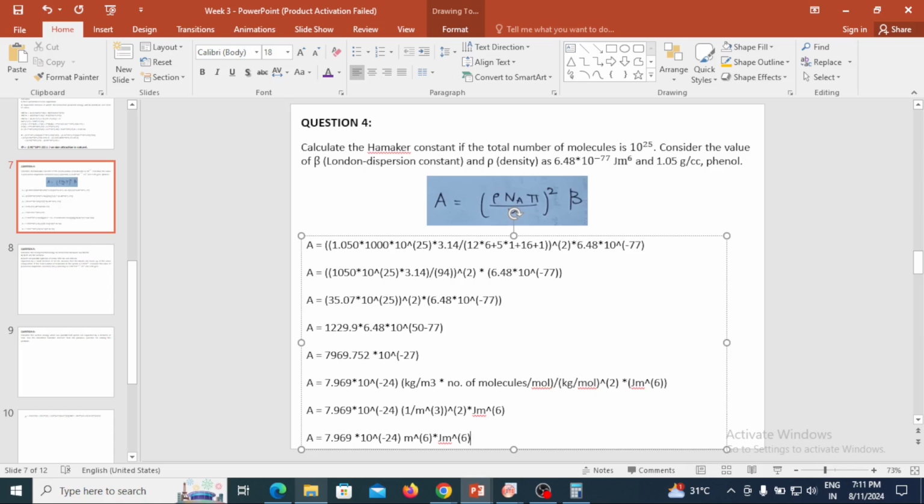So m power minus 6 and m power 6 together will get cancelled out. So what you will be left out with is 7.969 times 10 power minus 24, and the unit is joules. So the Hamaker's constant unit is the same as the unit of the interaction potential energy. So this question is just about substitution again.